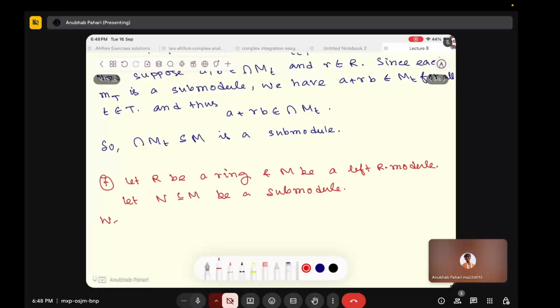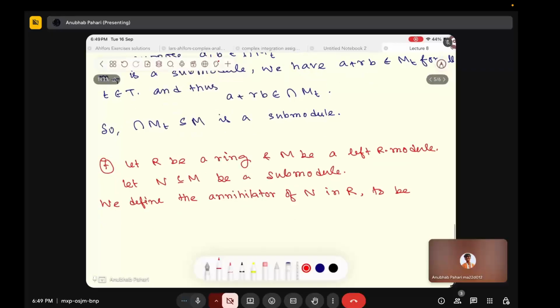We define the annihilator of N in R to be Ann_R(N) equals small r belongs to capital R such that r dot capital N equals 0.